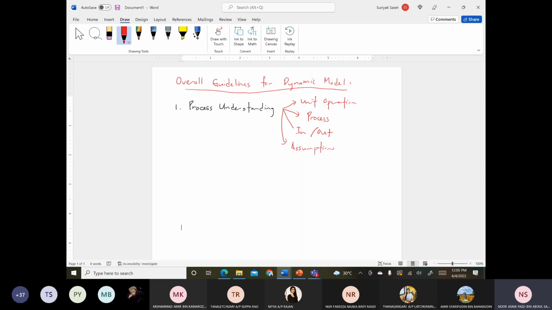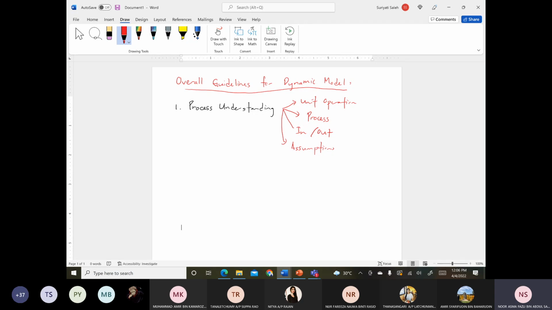For this part, normally we want to see, based on the process, what is the necessary balance that needs to be developed. Sometimes for the blending system, it's just maybe the composition, and in the storage tank, it's just a level. So we don't need to derive all of the balances. Only selected balances are required to solve the model, because we need to obey the time given.